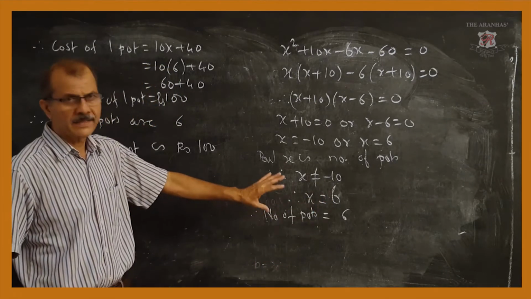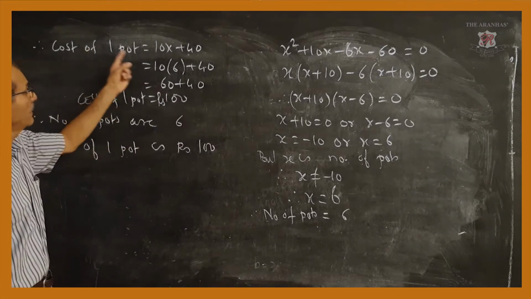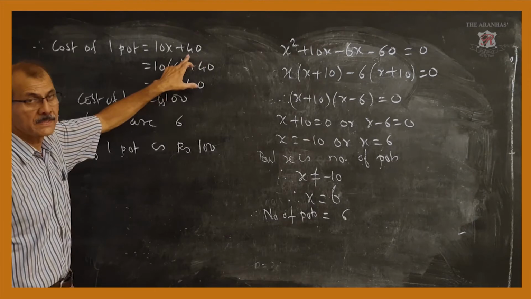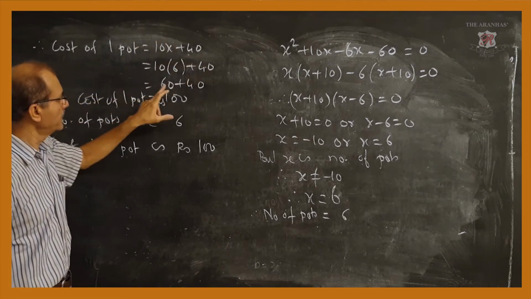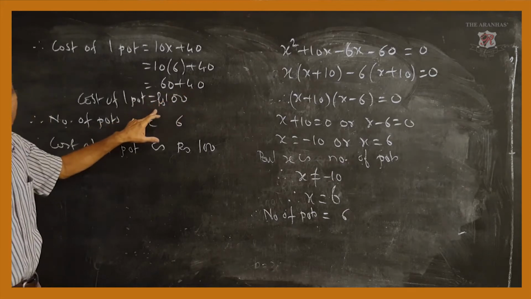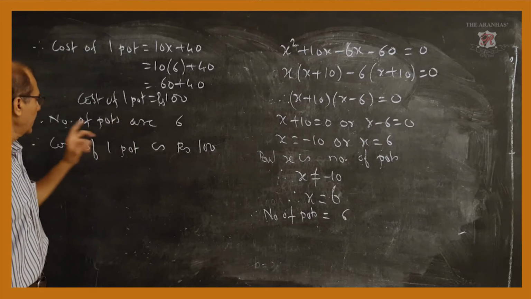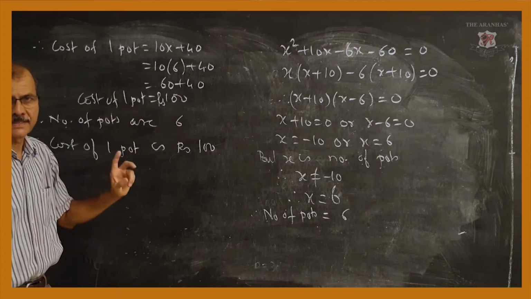Once you get the value of x, you find the cost. The cost of one pot is 10x plus 40. Put the value of x: 10 into 6 plus 40, which is 60 plus 40, that is rupees 100. So the cost of one pot is rupees 100, and the number of pots made is 6.